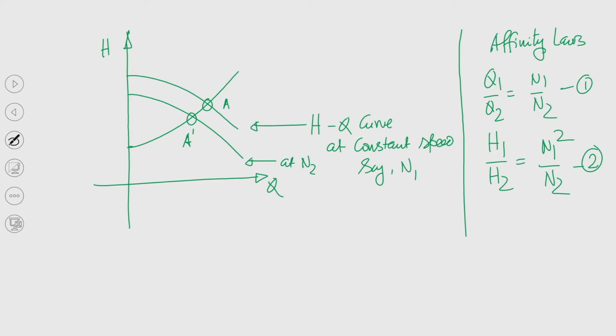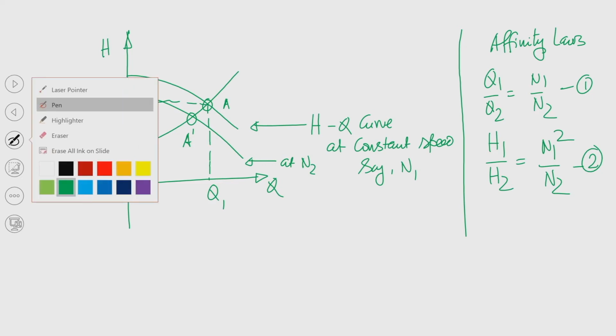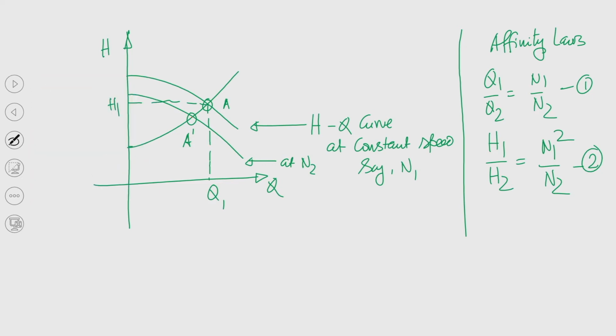Say q1 is the flow rate obtained at speed n1, and the corresponding head is h1. What will be q2 and h2? If I draw these two points again, this is q2 and this is h2.